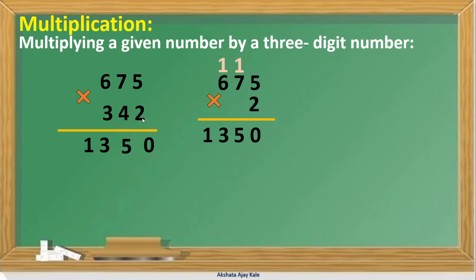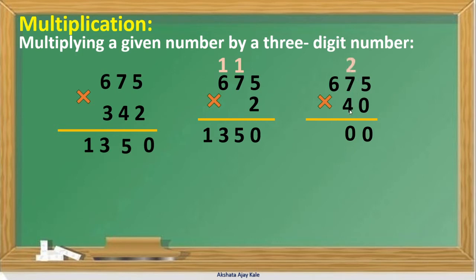Now the second step is we are going to multiply 675 by the tens place, that is 40, because 4 is in the tens place. 0 is there, so we will give one 0 first. Now we will multiply 4 and 675. 4 5s are 20, so 0 here, 2 is carried over.